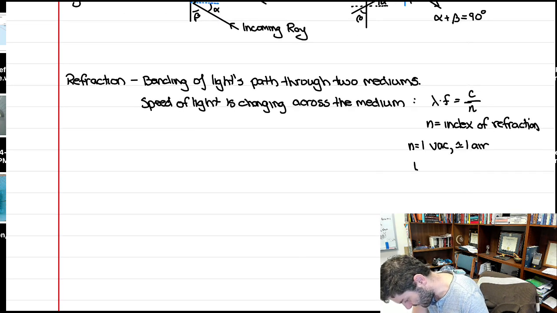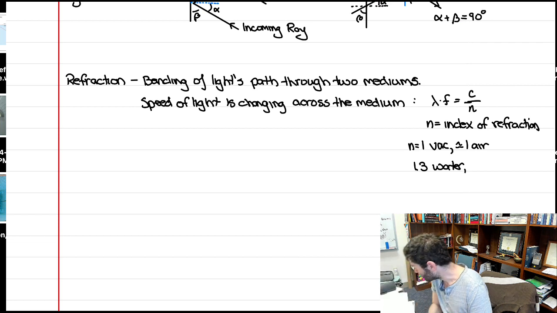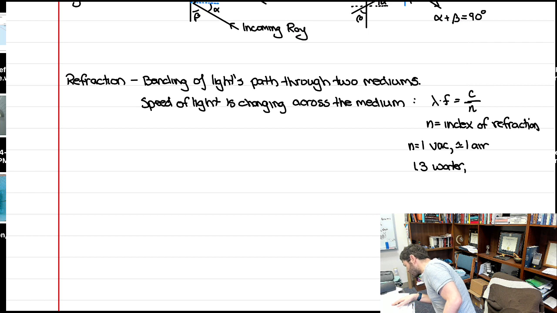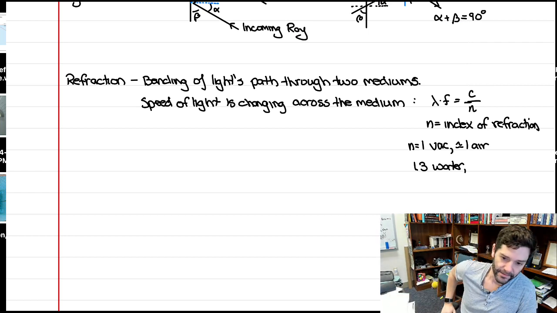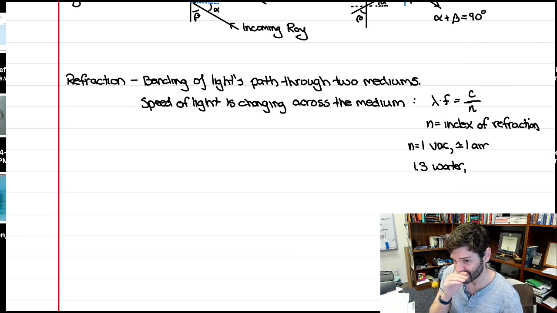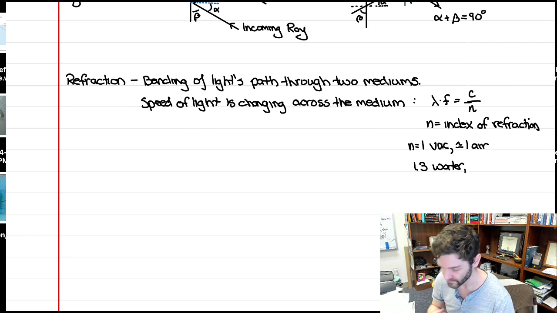It's about 1.3 or so for water. Plastics can be very similar. And these things can get very large: quartz 1.46, sugar solution 1.49, diamond 2.42. So these things can be calculated. And actually, there's a very easy way of calculating these things, which we'll do right now.